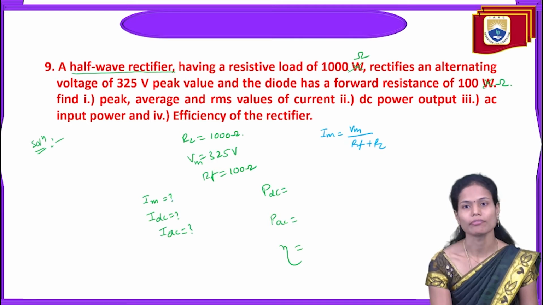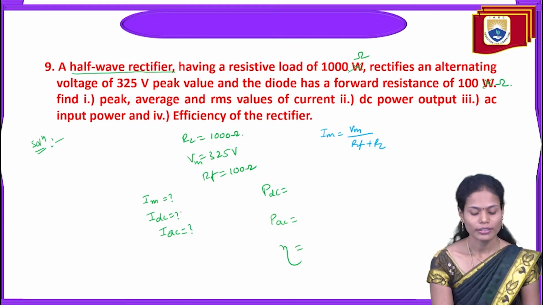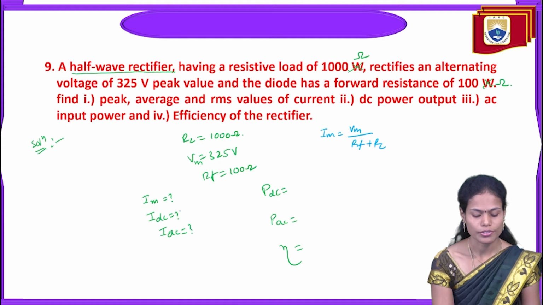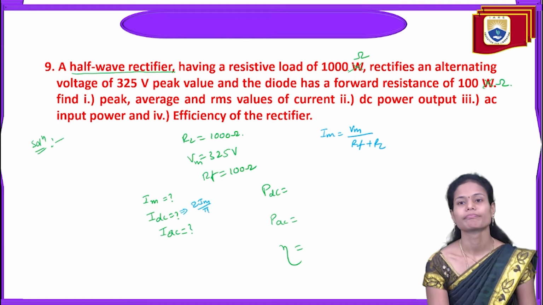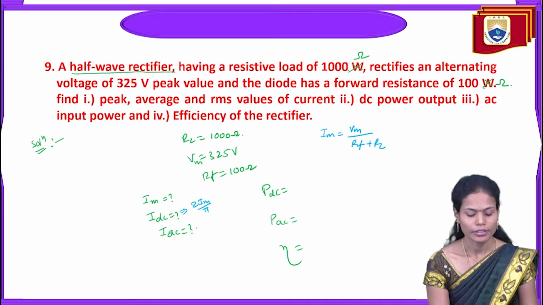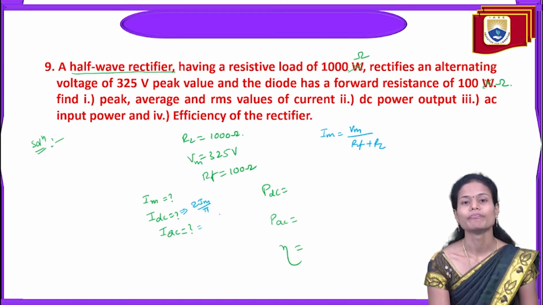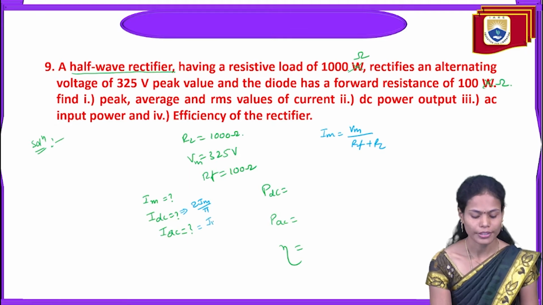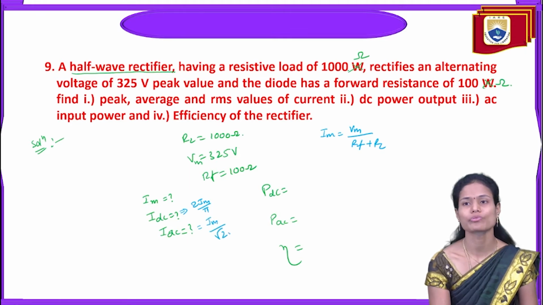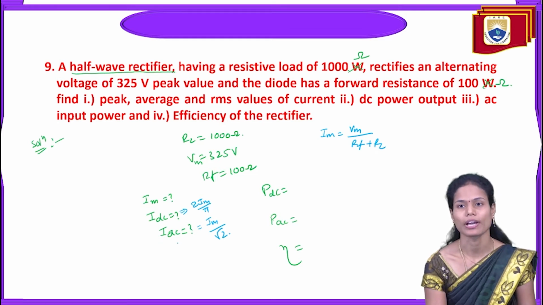That is the Im value. To find the IDC, the formula is 2Im by pi. And to find the IAC value, we will get it as Im by root 2. Once we know the Im value, we can calculate the IDC as well as IAC values.